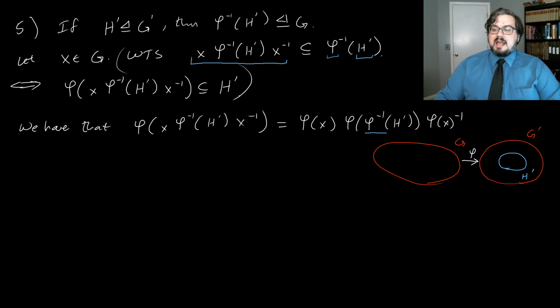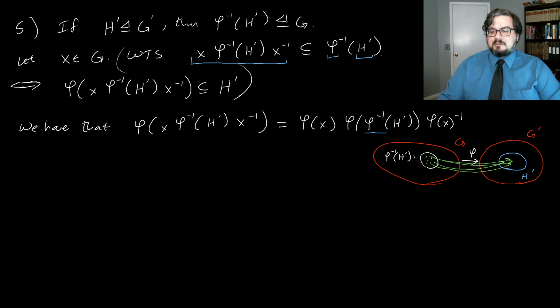All right. So now, if I look at the pre-image of H prime, it's going to be a collection of a whole bunch of elements of G that all get mapped into H prime.